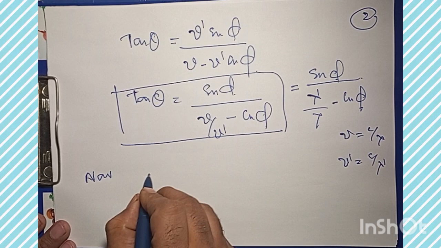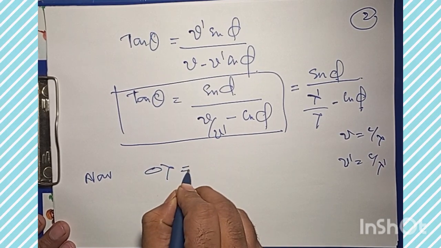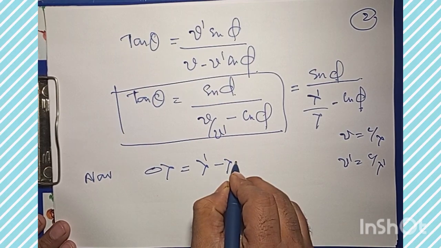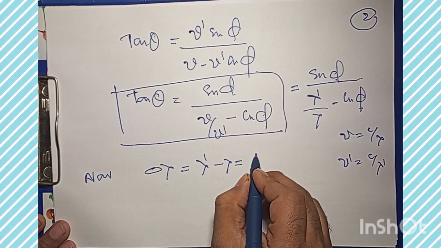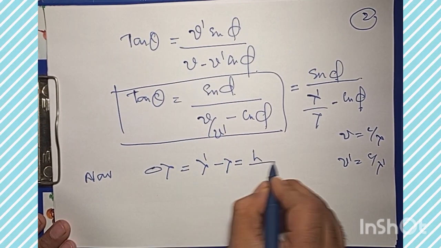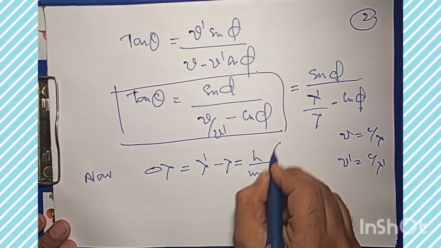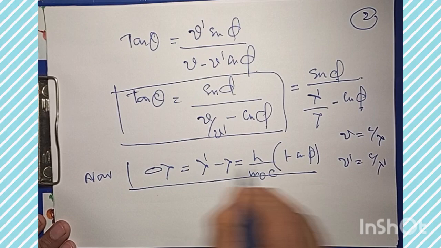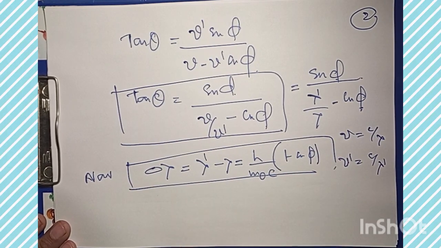We have the Compton shift, and that is delta lambda, which is basically lambda dash minus lambda, equals h by m naught c times (1 minus cos phi). So this is our Compton equation, right?